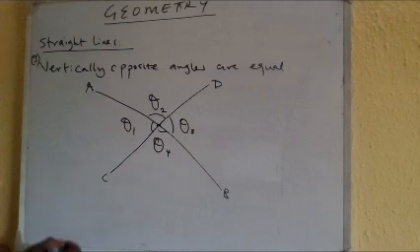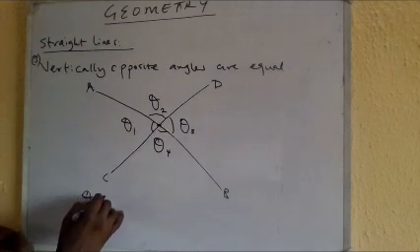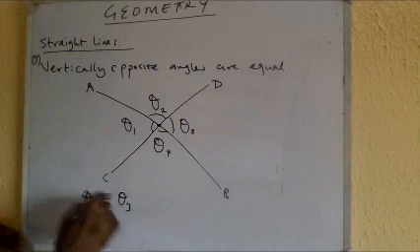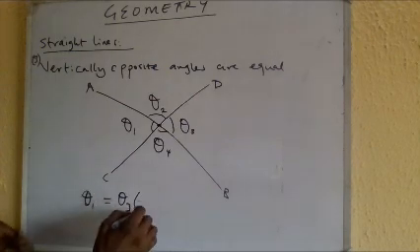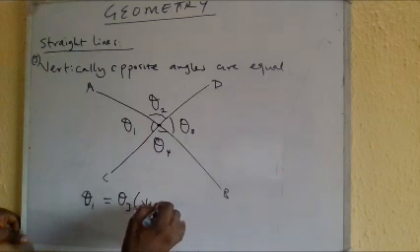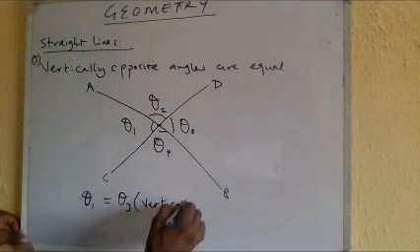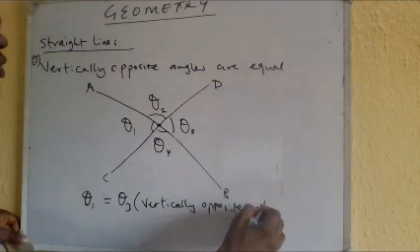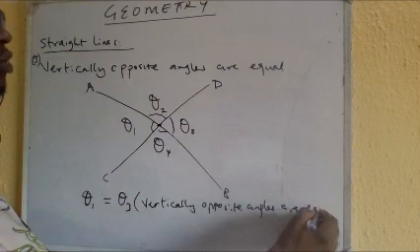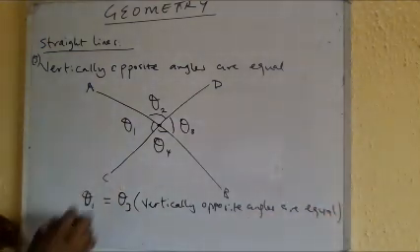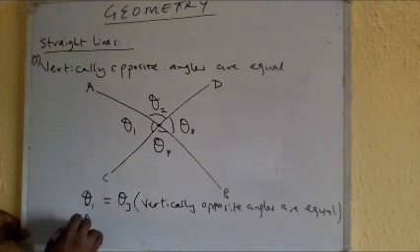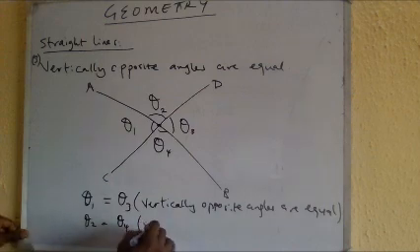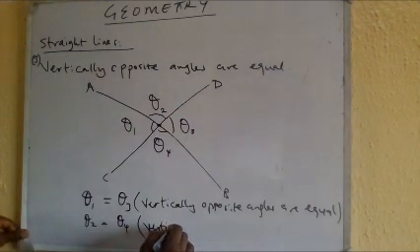So the theorem states that θ1 is equal to θ3. The reason why this is equal is because vertically opposite angles are equal. And in the same vein, θ2 is equal to θ4, for the same reason: vertically opposite angles are equal.